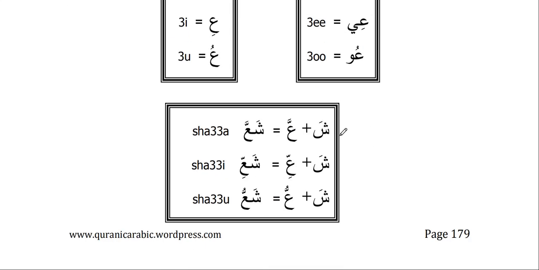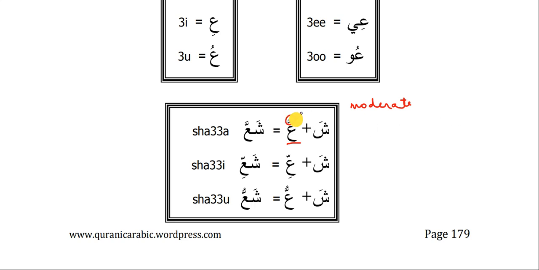So now in this box you can see the Ain with Shadda Fatha, Ain Shadda Kasra and Ain Shadda Dhamma. Now when there is a Shadda on the Ain letter, as I have told you, this is a moderate letter, moderate sound, neither light, neither heavy. So, how are you going to pronounce it when there are two Ains?